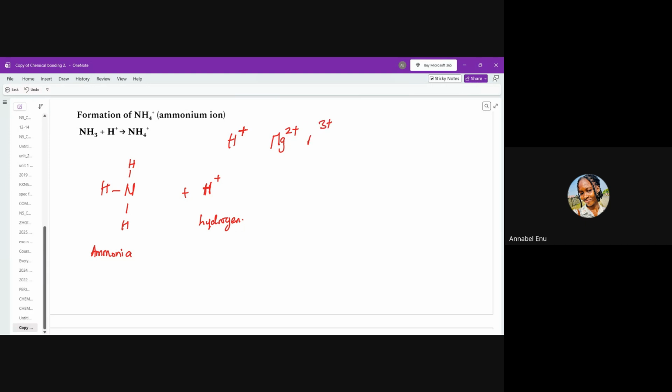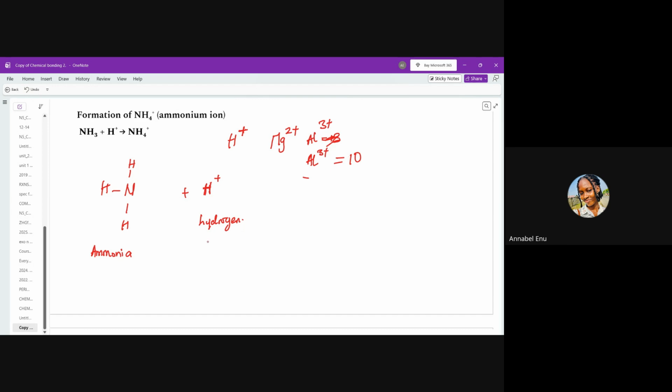Aluminium has donated 3 electrons. And this donation will affect their atomic number. If you know aluminium to be 13 in the periodic table, because we have aluminium 3 plus, it's no longer 13. The electron number of this aluminium is now 10 because it has donated 3. So plus means I have donated, so I have lost this amount of electrons.